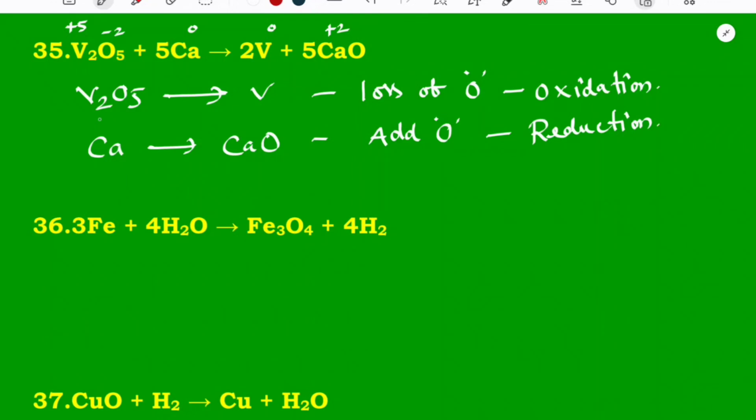Which is oxidized? Vanadium pentoxide is oxidized. No, I said the reverse: loss of oxygen means oxidation, how is it correct? Loss of oxygen means reduction. Addition of oxygen is oxidation.